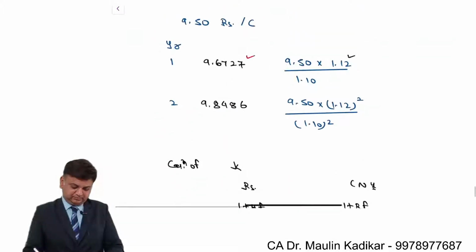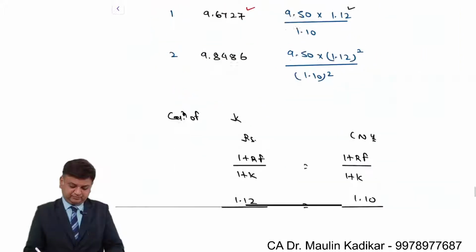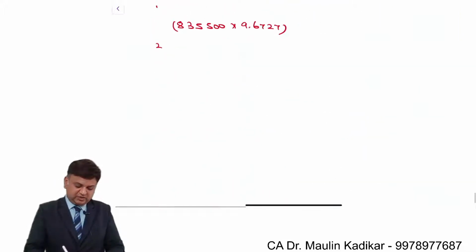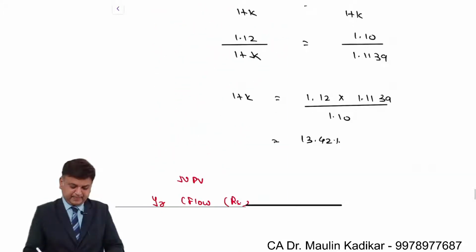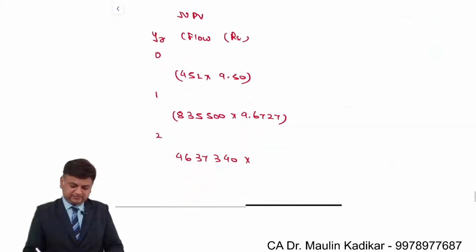Second year, the cash flow is 46,37,340. 46,37,340 into exchange rate is 9.8486.